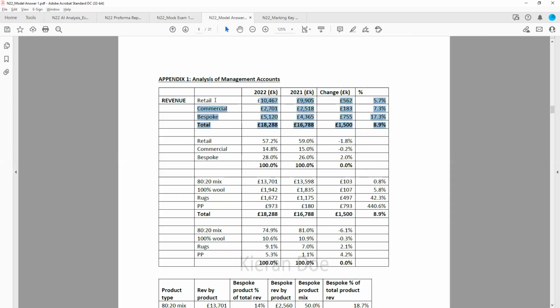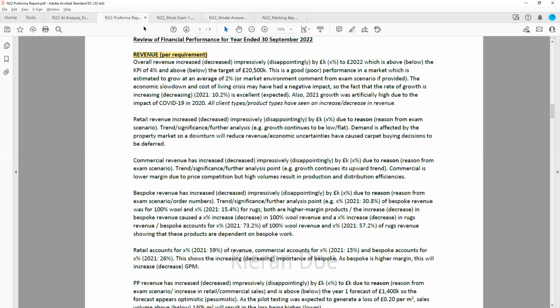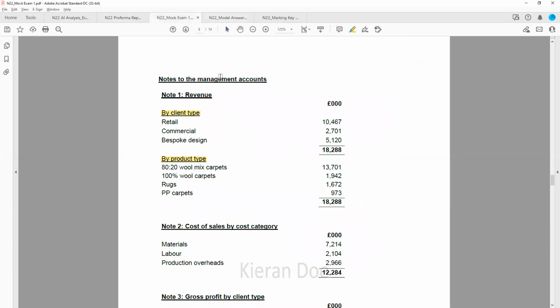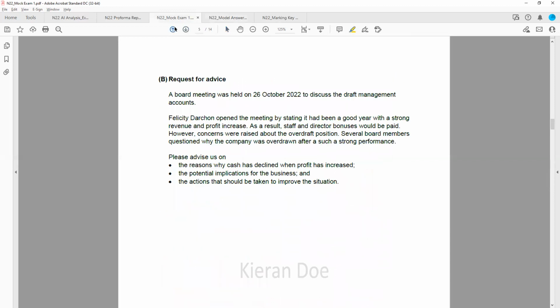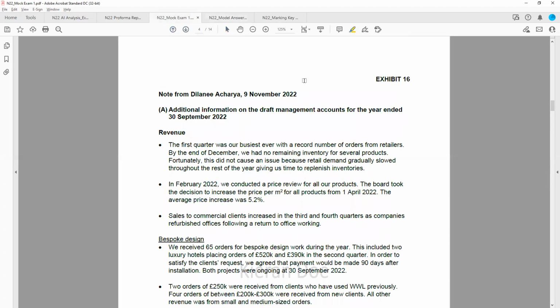We're definitely going to cover all of the different client types, but in terms of the product types, maybe we'll focus on the ones which have had the most significant movement. And we want to focus on ones where we're given a reason in the exam paper why it's gone up or down. So we're going to have some narrative with the accounts as well.